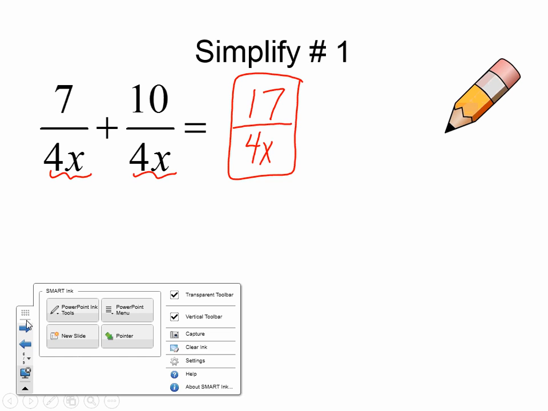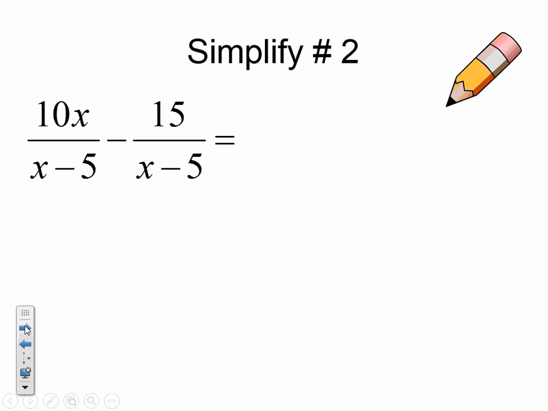Let's look at a second example where there may be a little bit more involved. Simplifying number 2 here: 10x over x minus 5 minus 15 over x minus 5. Again, notice the denominators are already alike. They both contain the factor x minus 5.